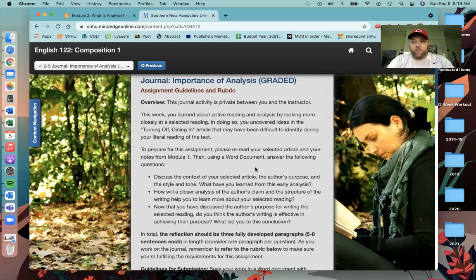Now, the last piece of graded work is your journal for the importance of analysis. This assignment is over the article you read last week. Whichever article you chose for last week, this is the same article you'll use for this one.